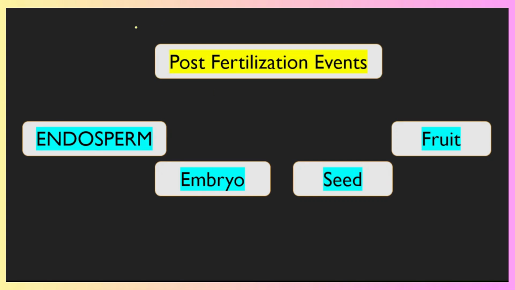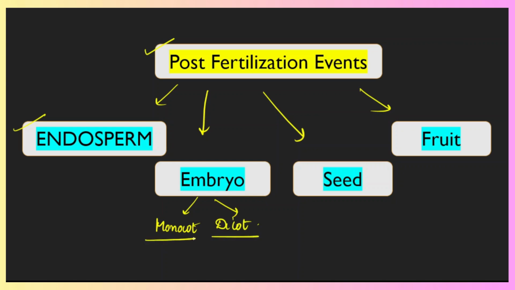Now, we know that under the post-fertilization events, the events which occur after fertilization, there are 4 events. In the previous class we discussed the endosperm, its functions, its structure, and the embryo, the monocot embryo and the dicot embryo, and their structure.